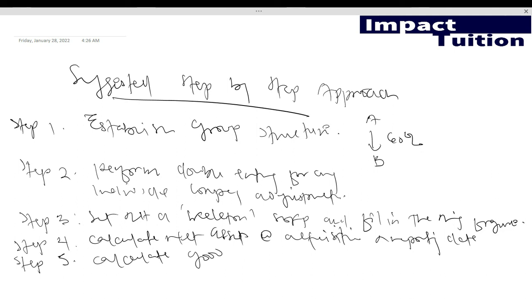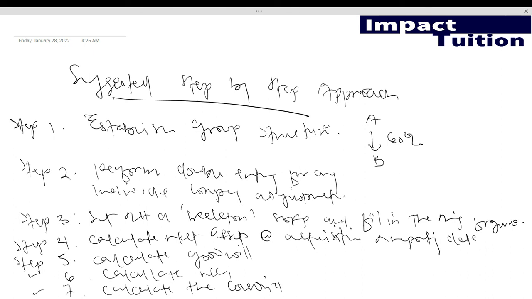Calculate goodwill. Step 6. Calculate NCI. And finally, step 7. Calculate the consolidated retained earnings. And that is all for the consolidated statement of financial position.